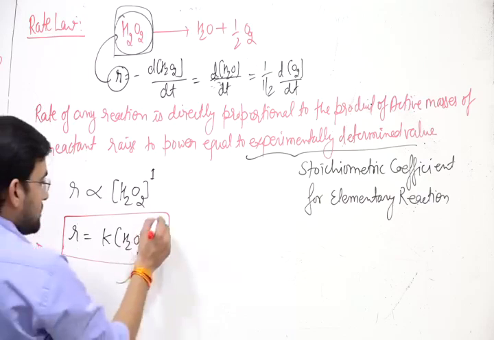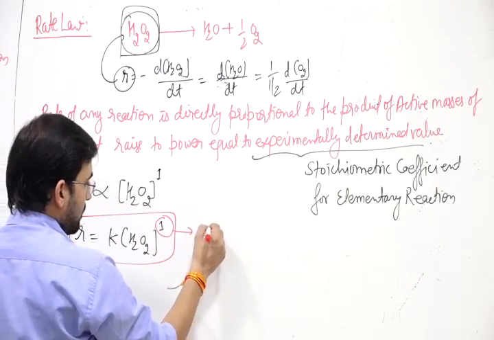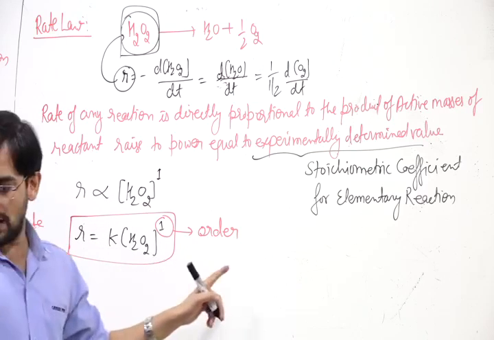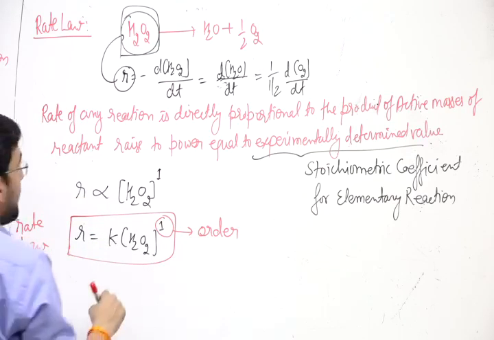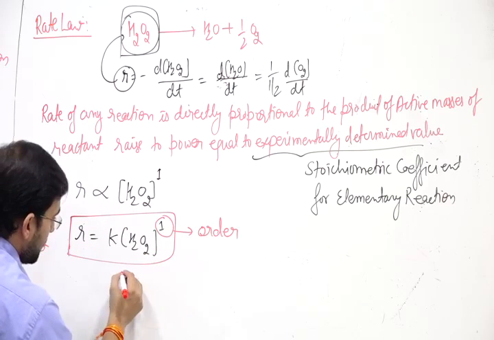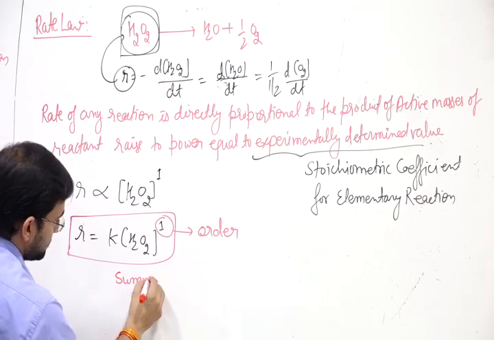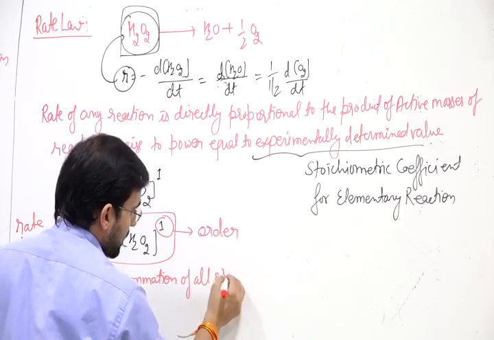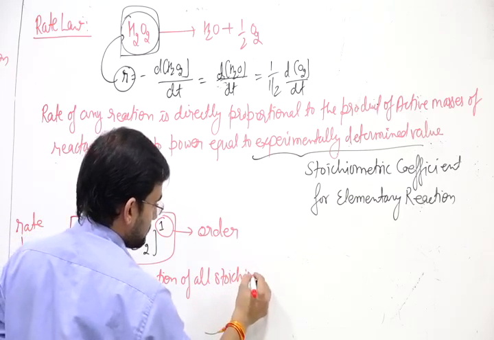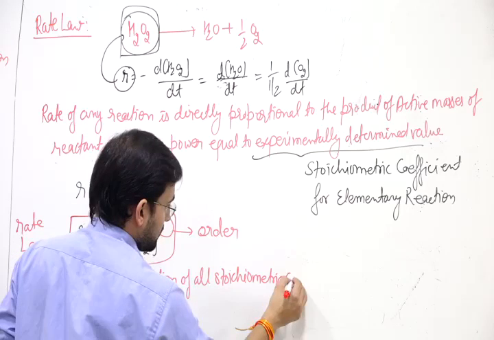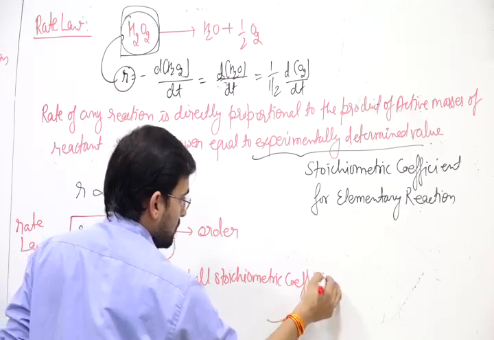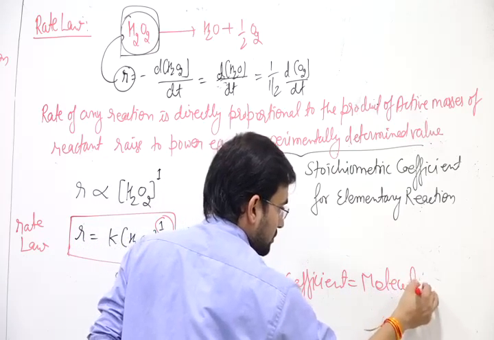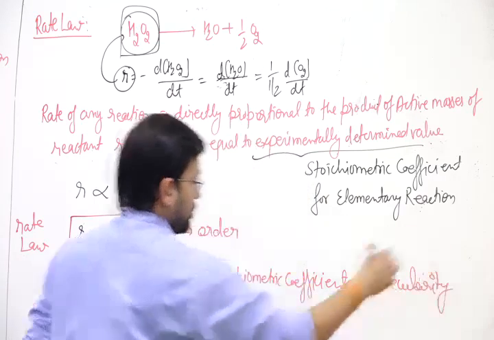Now in this case, this 1 is known as the order, and the summation of all stoichiometric coefficients is equal to molecularity.